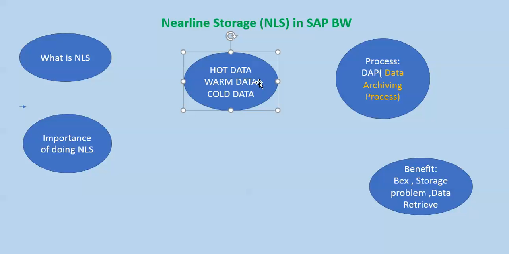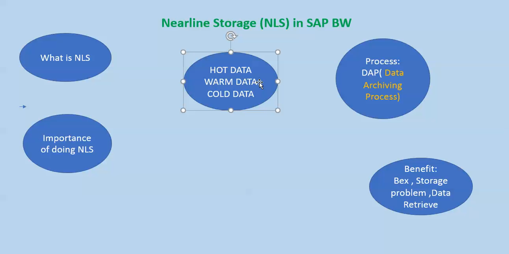The definition of hot, warm and cold data is completely dependent on the area, like finance, purchasing, POS or sales. Generally for sales or POS data, we may keep 7 days or 14 days as hot data.